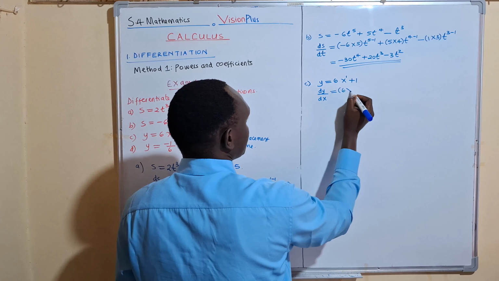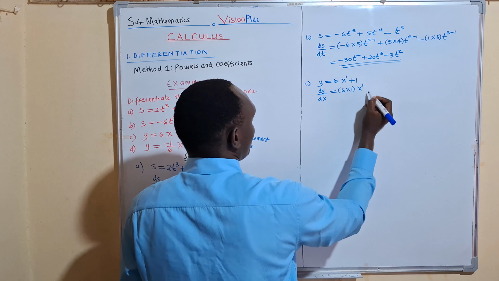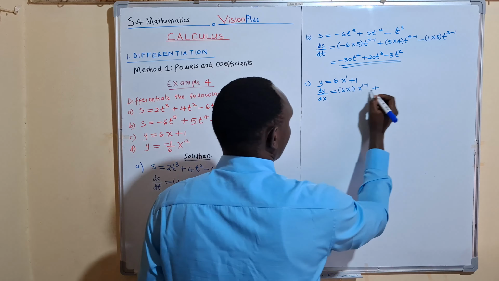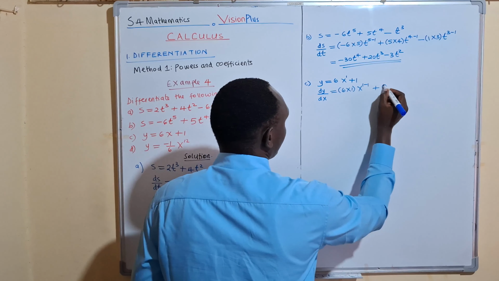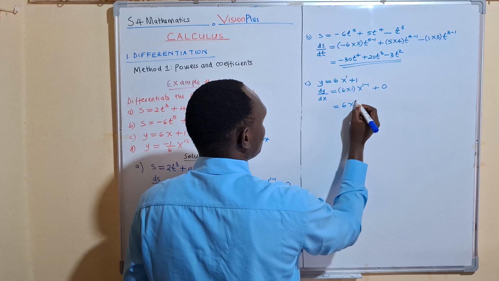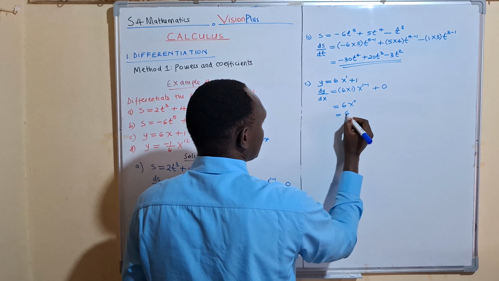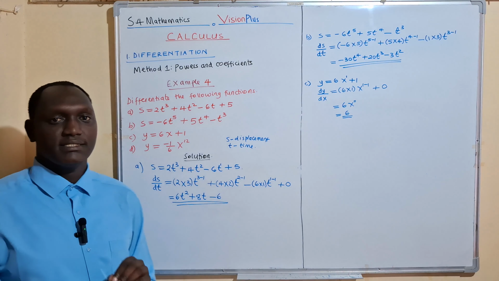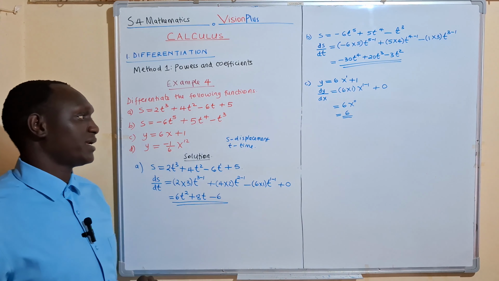That means we shall have 6 times that power 1, and we have x, the old power 1 minus 1 gives us the new power. And then plus 1. 1 is a constant, so we differentiate 1 to 0. Then we simplify. It gives us 6x to power 0. X to power 0 is 1. 1 times 6 is 6. So differentiating 6x plus 1 gives us 6.